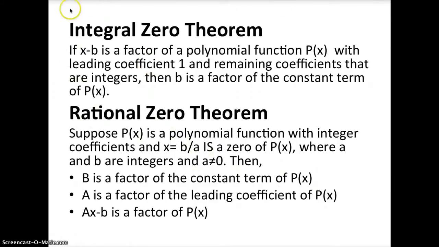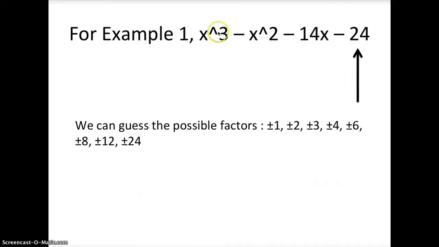So x minus b is explained by the integral zero theorem, with leading coefficient 1 and remaining coefficients that are integers. The rational zero theorem, which is ax minus b: b is a factor of the constant term of P(x), and a is a factor of the leading coefficient of P(x).